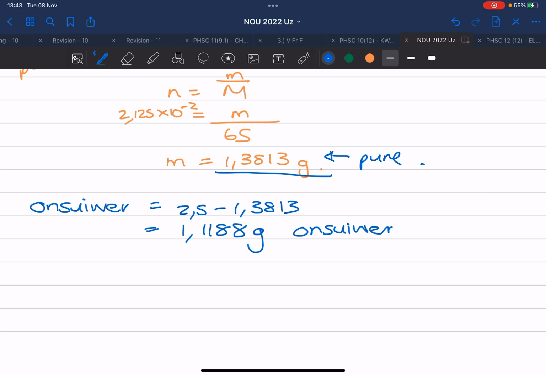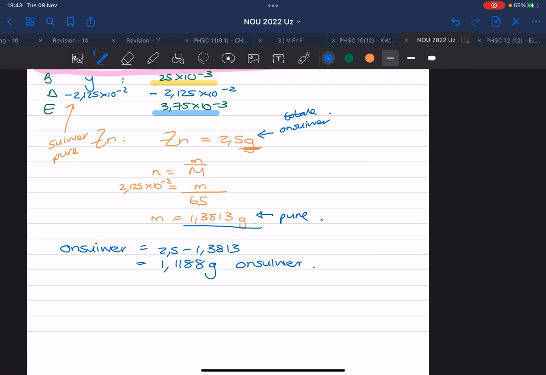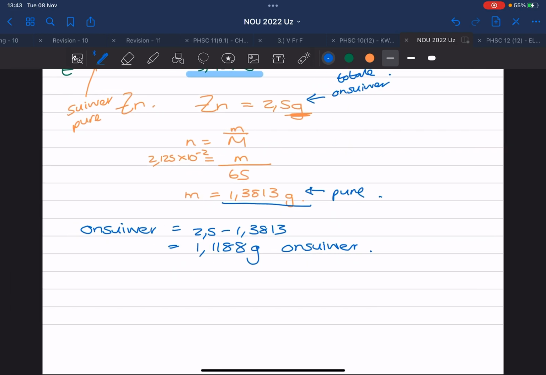The impure. Nou daarvan al ons het. They want the percentage impurities. Hoe werk ons nou weer persentasie uit? 1,1188 oor die totale massa 2,5.